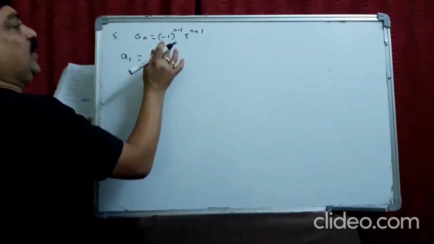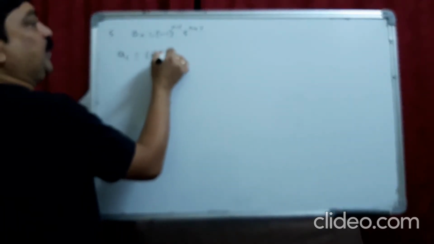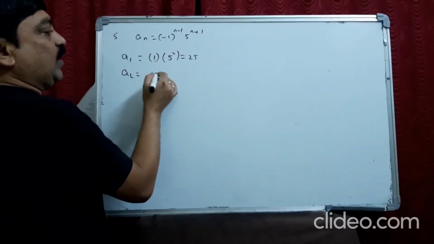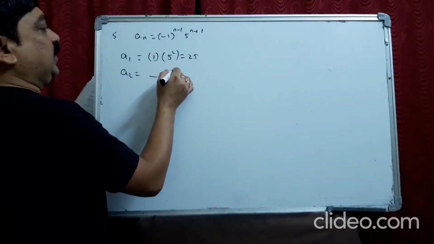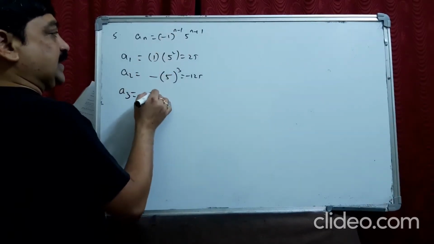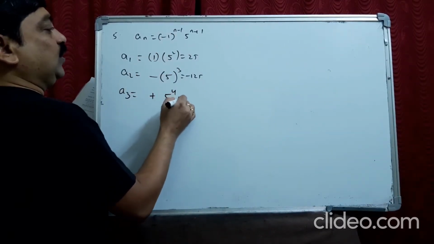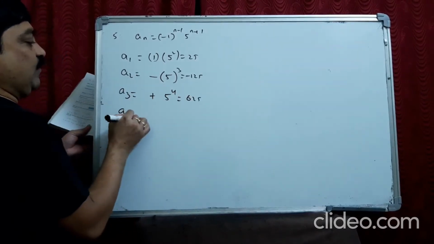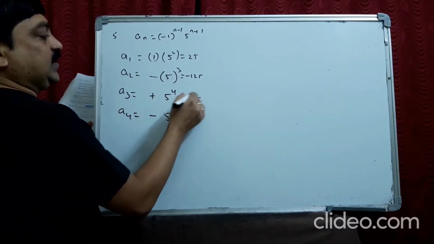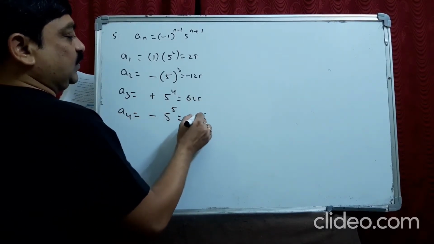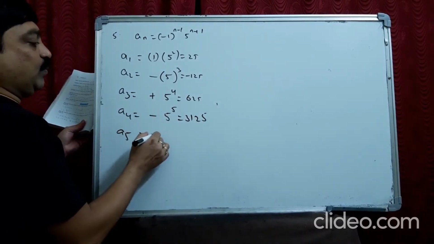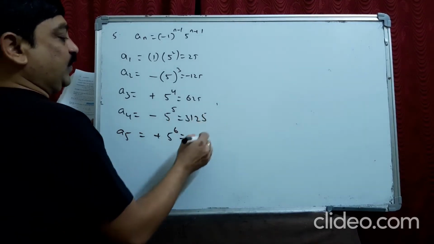So a1, minus 1 power 0, 1 into 5 power 2, 5 square, that is 25. a2, minus 1 power 1, minus into 5 power 3, that is minus 125. a3, minus 1 power 2, plus 5 power 4, that is 625. a4, minus 1 power 3, minus 5 power 5, that is 625 into 5, 3125. So a5 will be minus 1 power 4, plus 5 power 6, 3125 into 5, 15625.